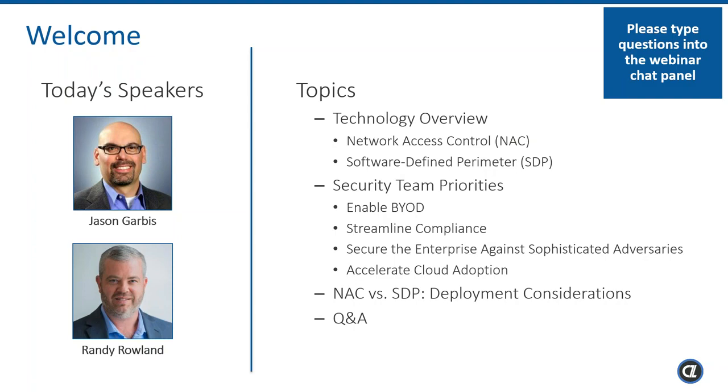Once we level set there, then we'll look at these two technologies and compare and contrast how they work and their strengths and weaknesses across four priorities that enterprises and security teams in particular are facing today: bring your own device, streamlining the efforts to meet compliance requirements, securing the enterprise against the adversaries that we're all facing today, and accelerating cloud adoption. Then we'll have one short section where we talk about deployment considerations and what these projects look like, and then we'll open it up to questions.